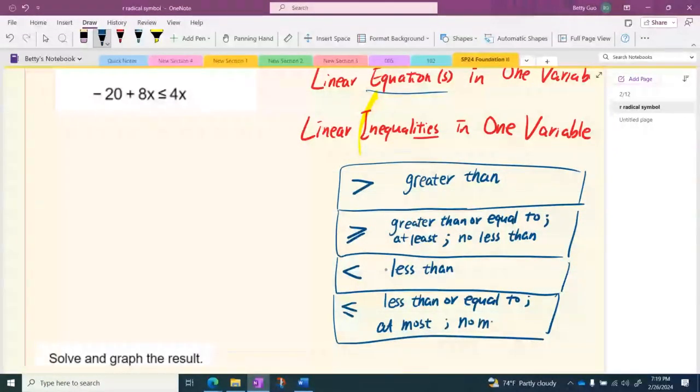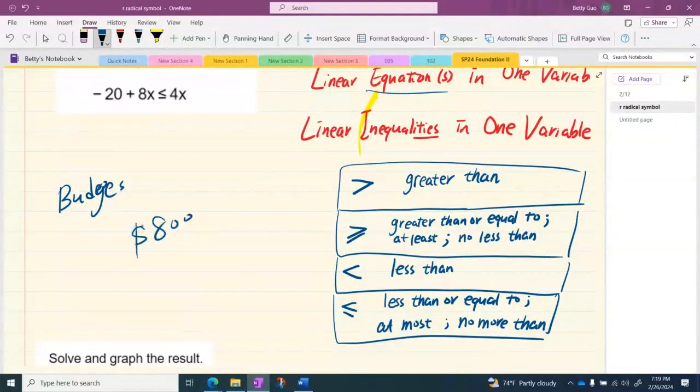We use that symbol when we do budgets. Let's say this month your wife tells you, for grocery we cannot spend more than $800. So $800 is your budget, right? No more than $800.